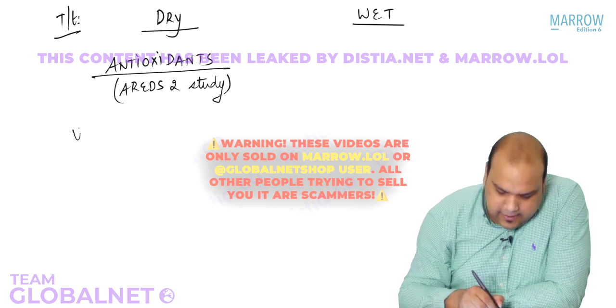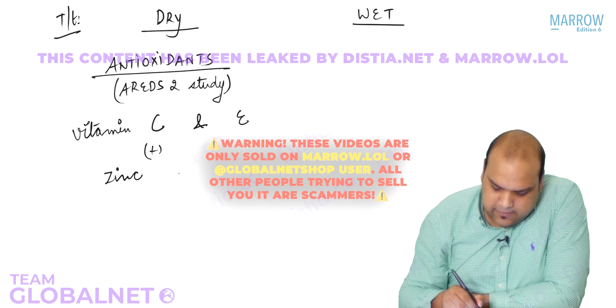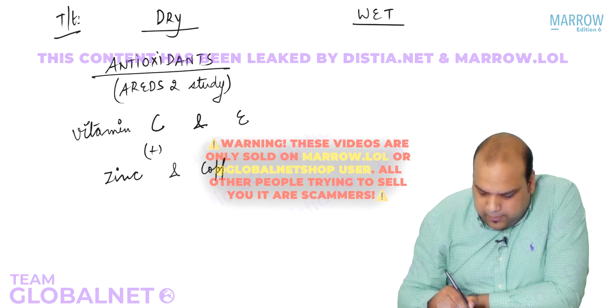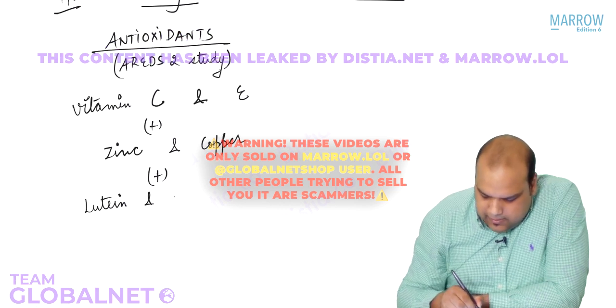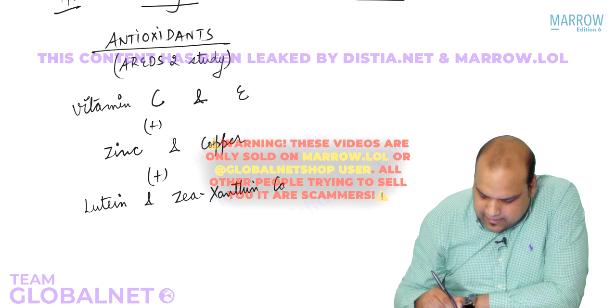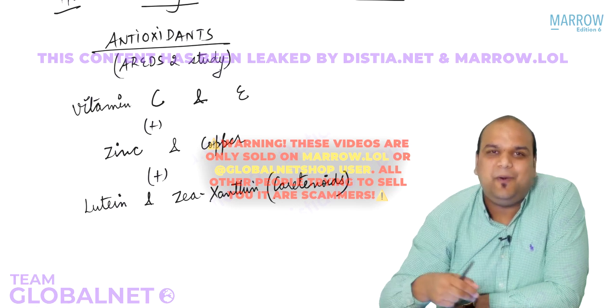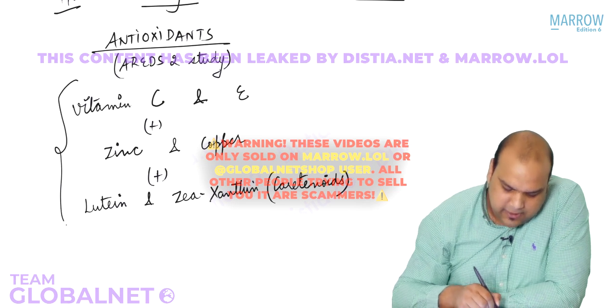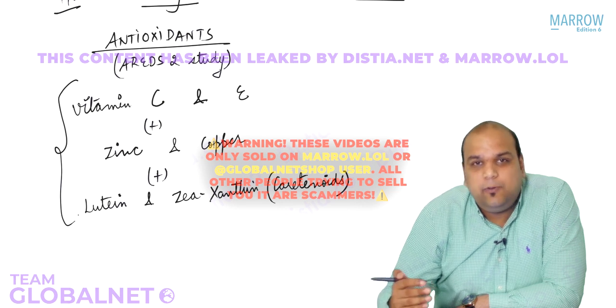They said give vitamin C and E plus zinc, which is an antioxidant. Along with that, give copper to prevent zinc toxicity, plus give lutein and zeaxanthin. Lutein and zeaxanthin are carotenoids, like beta carotene, naturally occurring forms of vitamin A. This is a fixed dose combination, which is given to stop the progression of dry ARMD into wet ARMD. That's the only proven treatment we have.